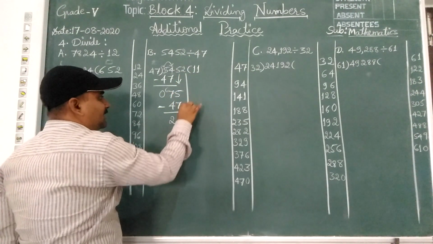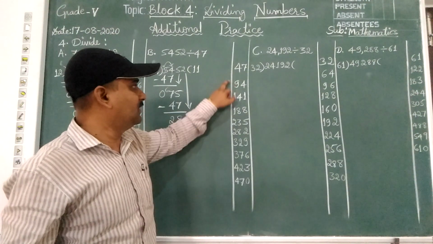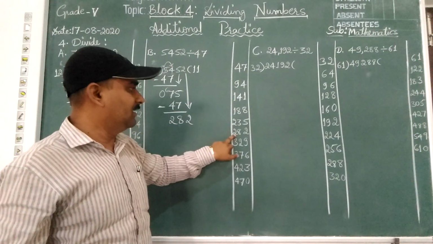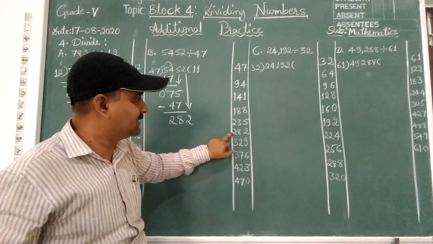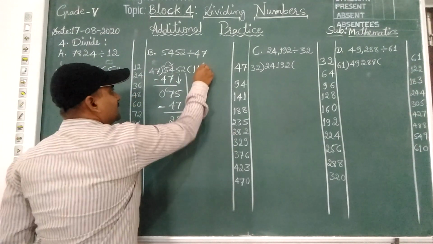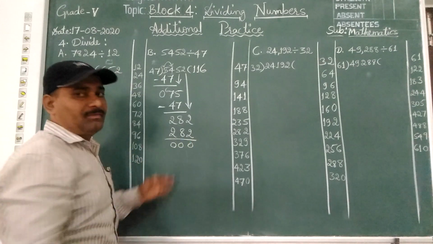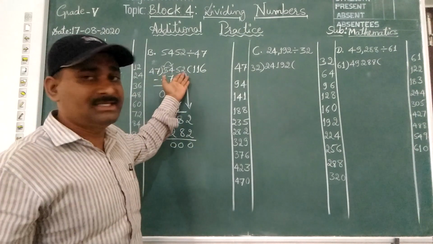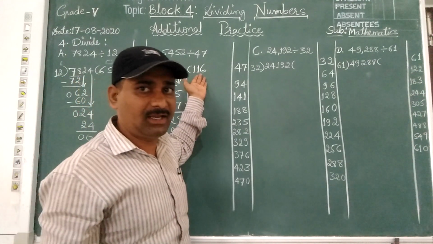Take last digit, that is 2. 282. We should find out where this 282 is in the 47's table. Here it is. 47 6s are 282. So remainder is 0 and all the digits are completed. That's why the quotient is 116.